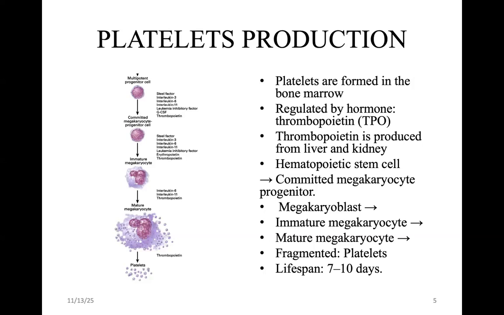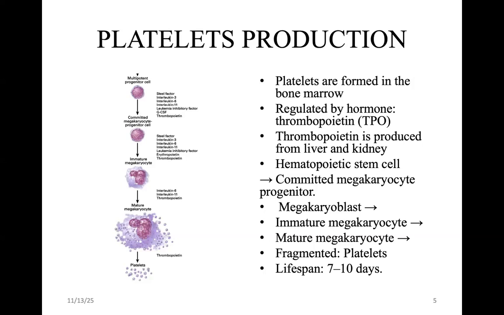But in coming out, they can't come out as megakaryocytes. So they are fragmented to be able to pass through the passage allowed for release of cells from the bone marrow. So these megakaryocytes become fragmented, and then we have the platelets as we see them in our films.